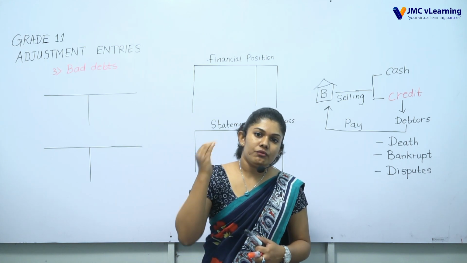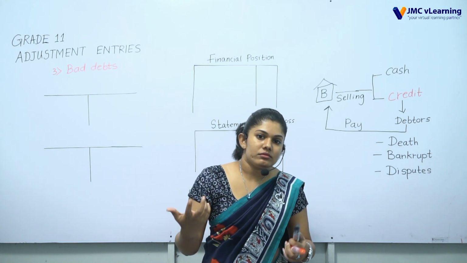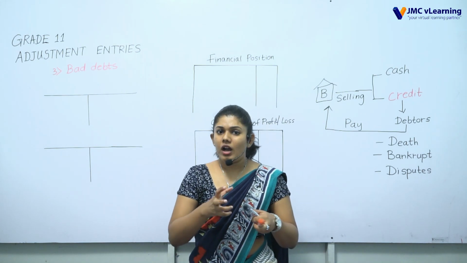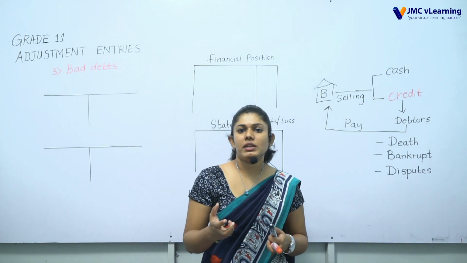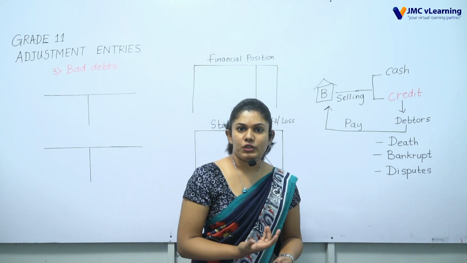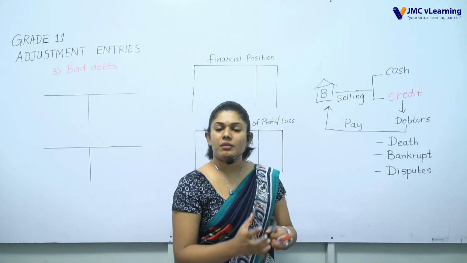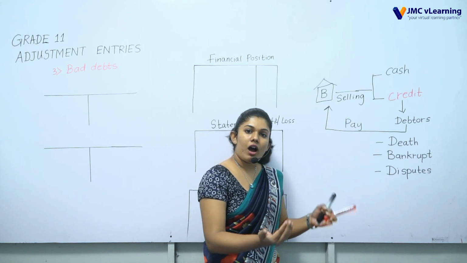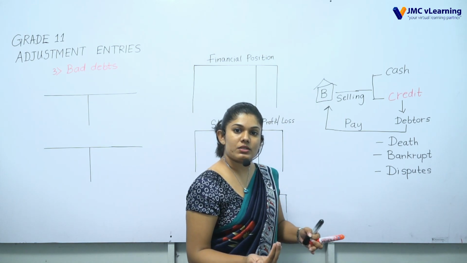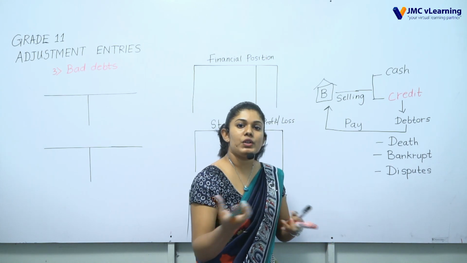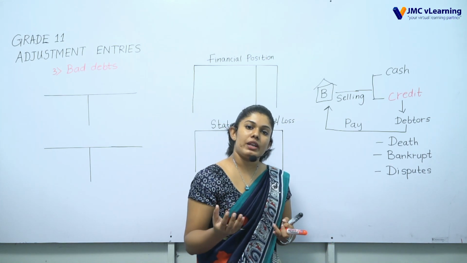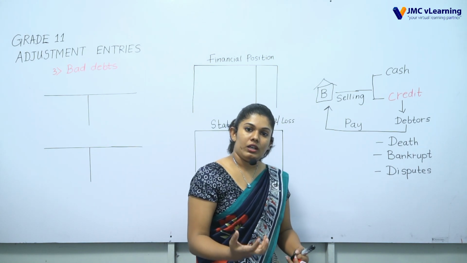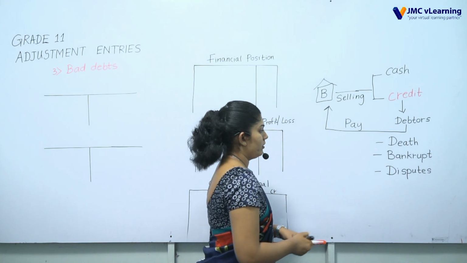After some time, when I'm reminding him about my cash, when I'm asking him to pay me, he's arguing with me, saying your goods are not quality enough, your price is not satisfactory, this is not the brand I asked. Like that, to avoid the payment, he's arguing with me. Those type of things we call dispute, a problem between two parties. Here, the problem is between me and my debtor. He is not paying me. He is arguing with me. Disputes.